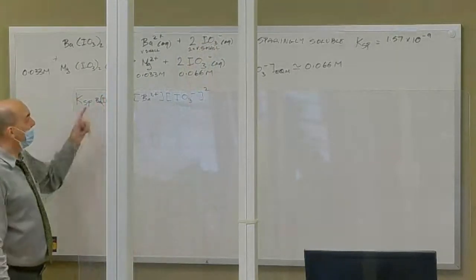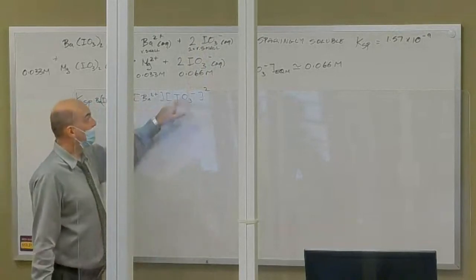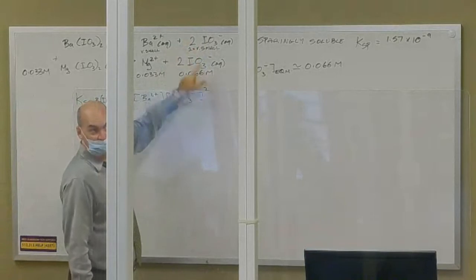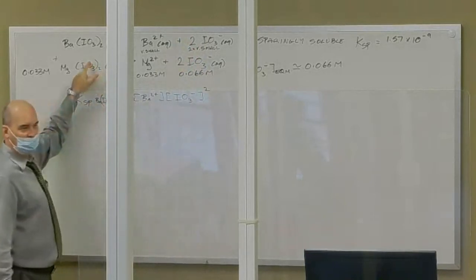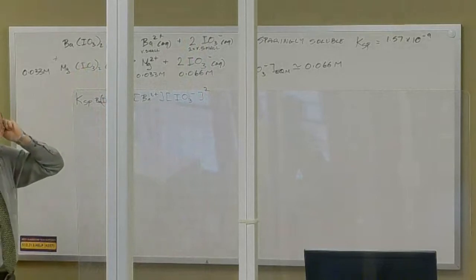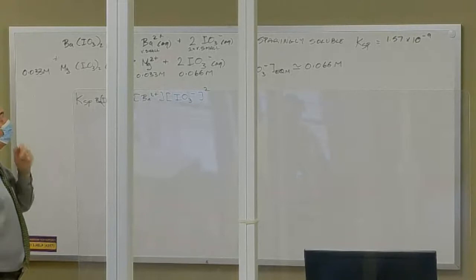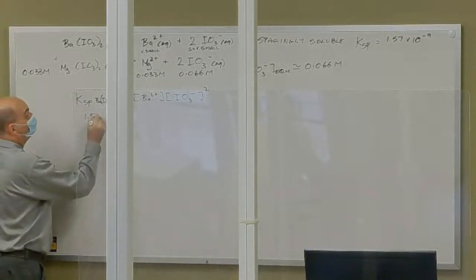So K gets to be products over reactants, which would be the barium, the iodate squared, raised to the coefficient that it is in the balanced equation, divided by the undissolved barium iodate, which of course is solid, so has no concentration, disappears. Okay, well, I know what that number is.